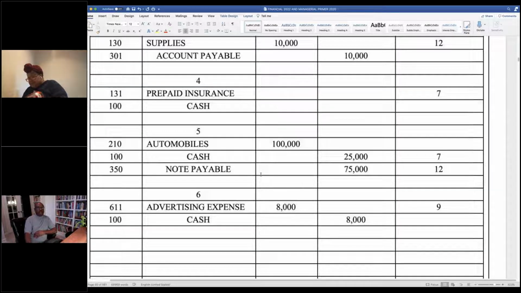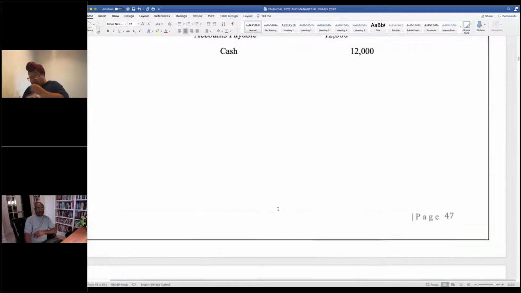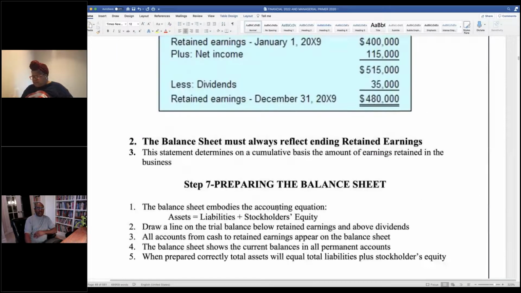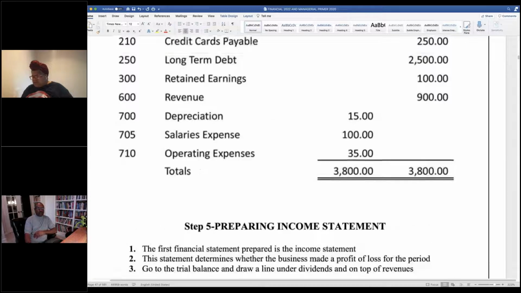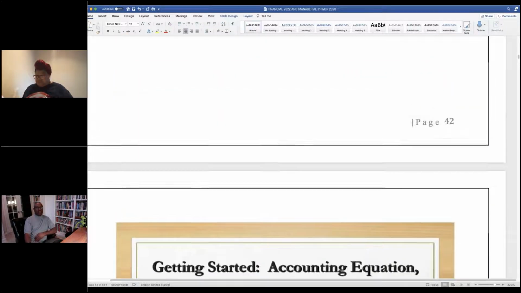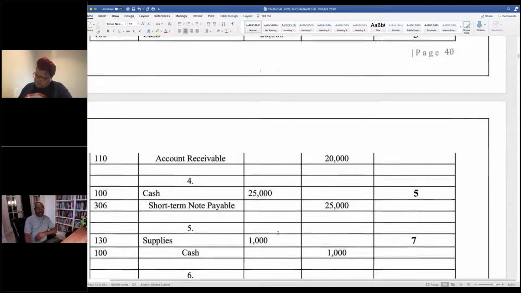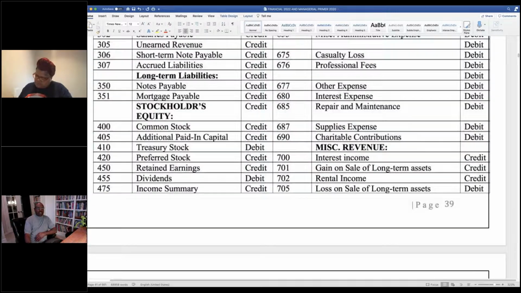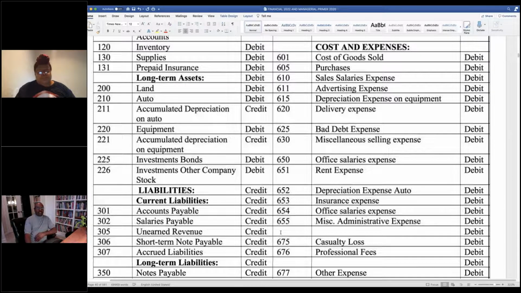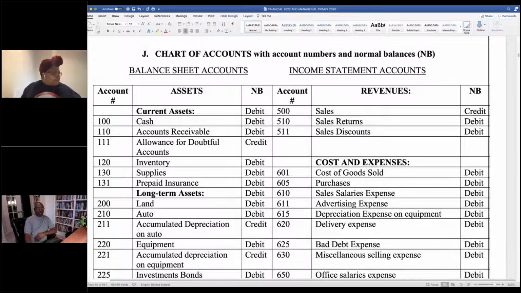Remember, we have this chart of accounts. We're going to go all the way back up here and find it, just in case some people did not make their copies that they were supposed to make. This is your chart of accounts. It's kind of like your bank account. You don't go around changing your account number at the bank, do you? No. When you run your business, it's the same thing. You've got cash and a bunch of other accounts.